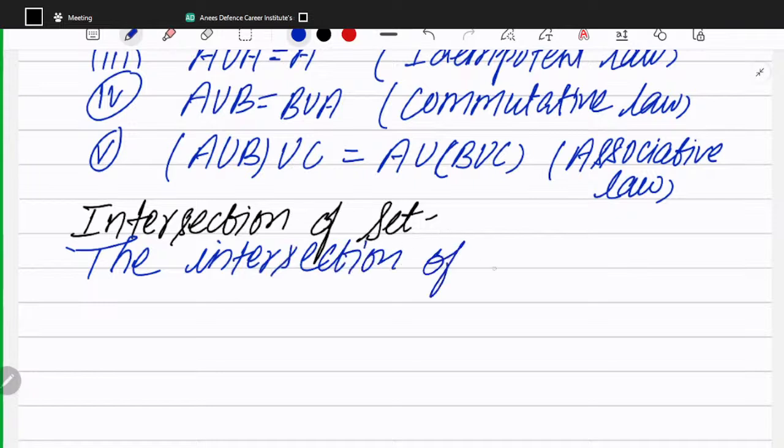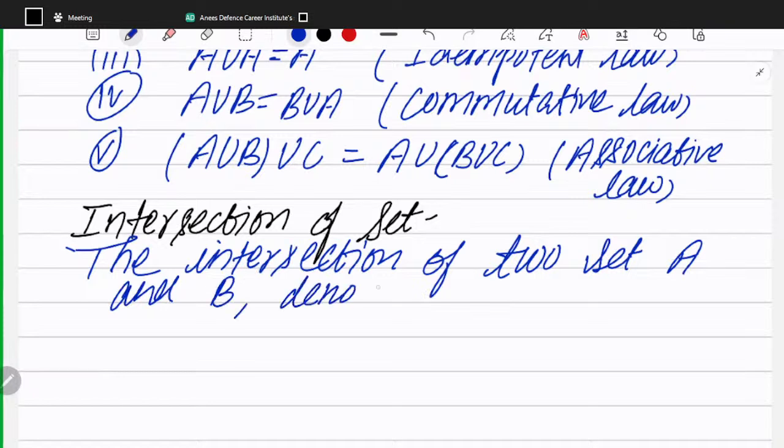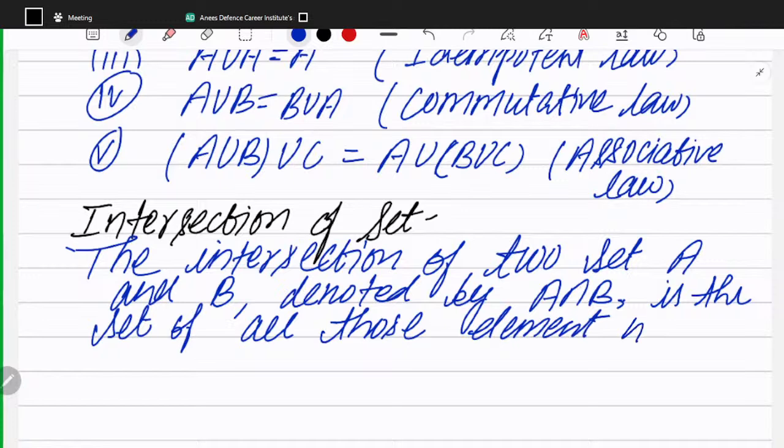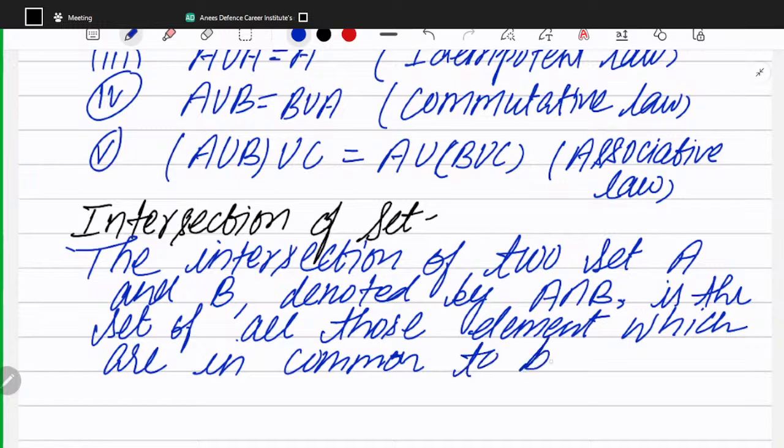The intersection of two sets capital A and capital B, denoted by A intersection B, is a set of all those elements which are in common to both A and B.